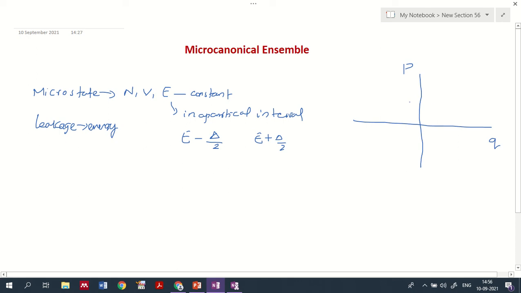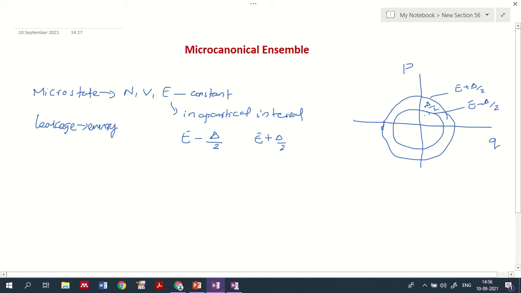In that case we have a hyper shell structure like this. These are two circles with the center at the origin. One has the energy E plus delta by 2, and the other is E minus delta by 2, with a separation of delta between them.